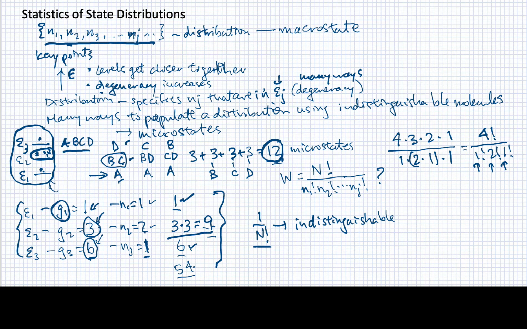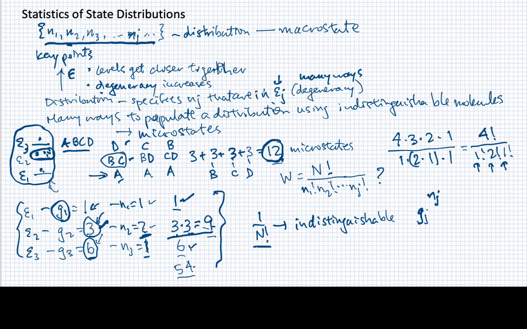Well, I had 3 degenerate states and I had 2 particles, and I ended up multiplying 3 together twice. And it turns out that the factor that I'll get out of this is the degeneracy of the state raised to the power of the number of molecules that are occupying that state.